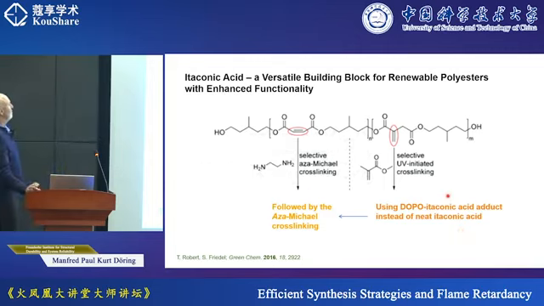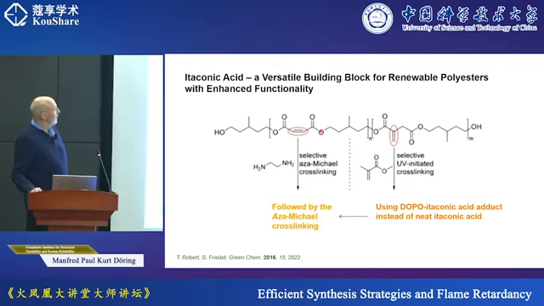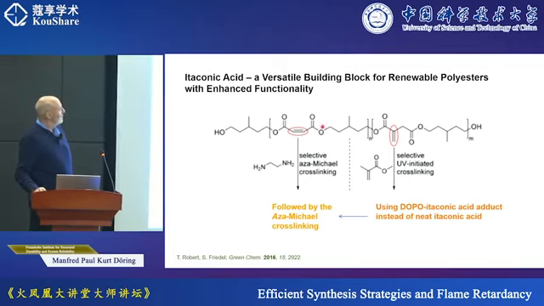Okay, next thing. Now a German group developed these polymeric polyesters. Here malonic acid and here itaconic acid. And interestingly, they find two things. This is selective for UV-initiated cross-linking.